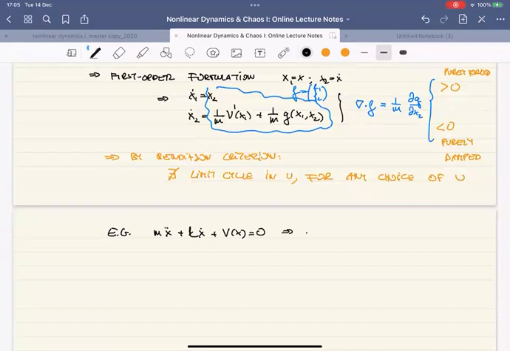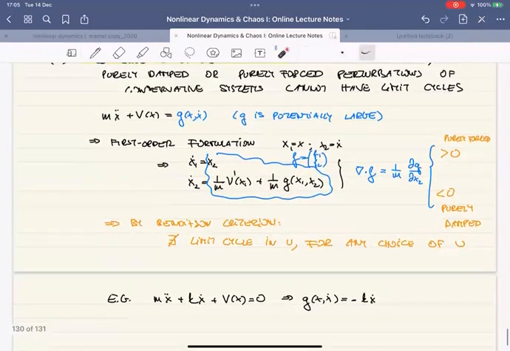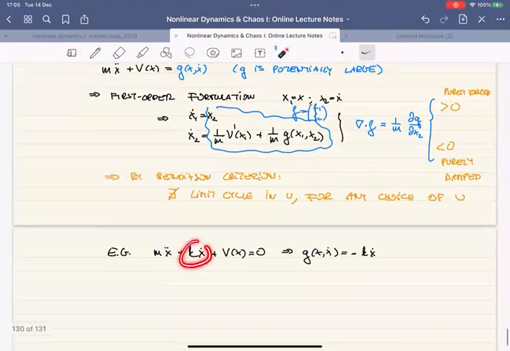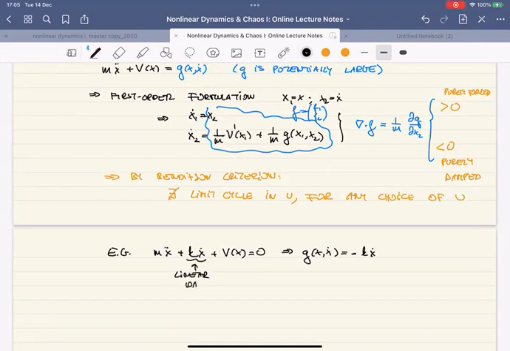In that case, my g is minus k times x dot, because the additional force was on the right-hand side. So take this linear damping force and put it on the other side. So this is my g.